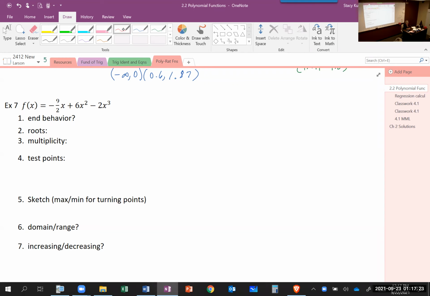Talking about the end behavior, maybe it would be helpful for us to rearrange the function first. Let's say f of x is equal to negative 2x cubed plus 6x squared minus 9/2 x, if I write it in descending order.